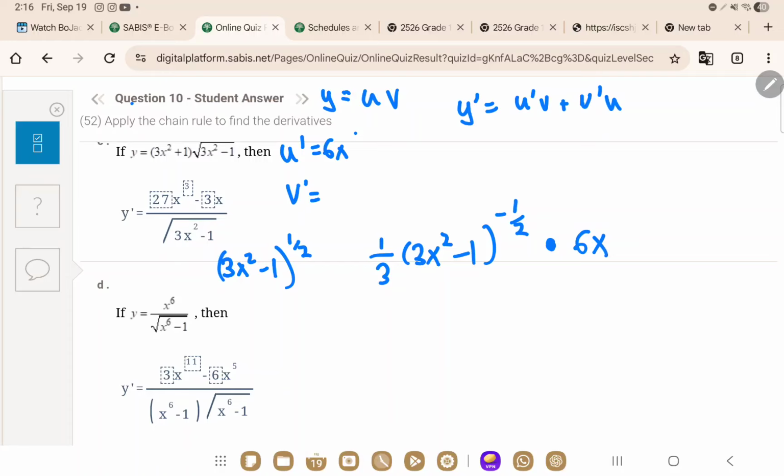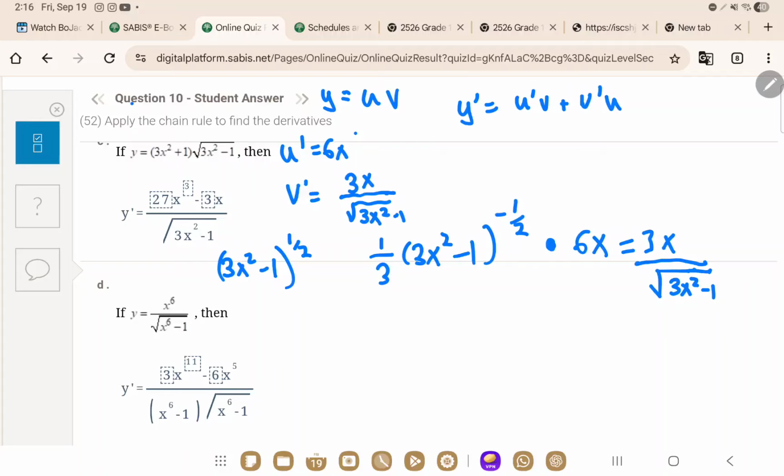Now this is equal to 6x over 2 times 3x squared minus 1, because it's negative, you can't have a negative exponent up, so you move it down, and the power half is basically the square root. And now 6 cancels with 2 to become 3x. So v prime is 3x over radical 3x squared minus 1.